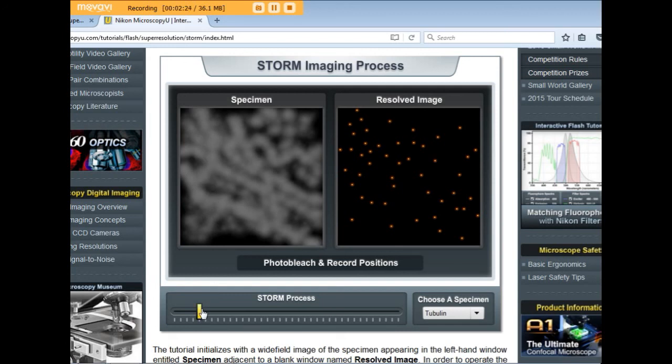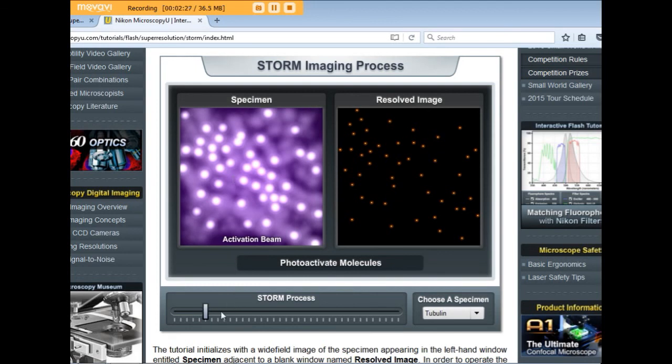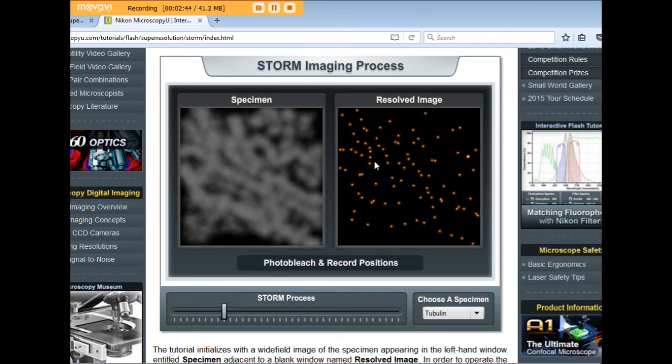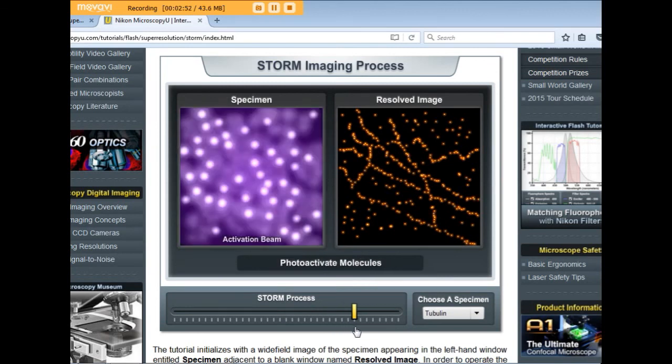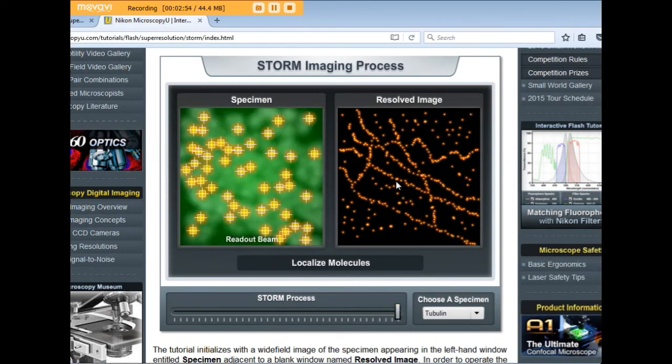First we shine the photoactivation beam, then we use the excitation light to generate the image, then we do the Gaussian fitting or center of mass fitting to get the exact position of each single molecule, and photobleach these molecules, and record their precise XY location together with the previous set. We repeat this process many times so we can get a super resolution image with nanometer resolution.